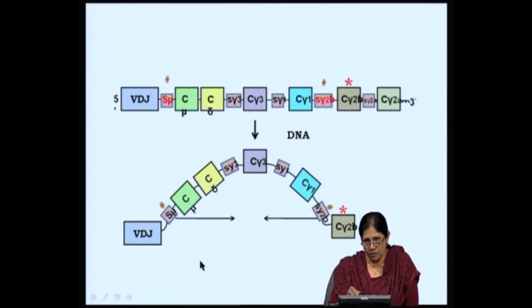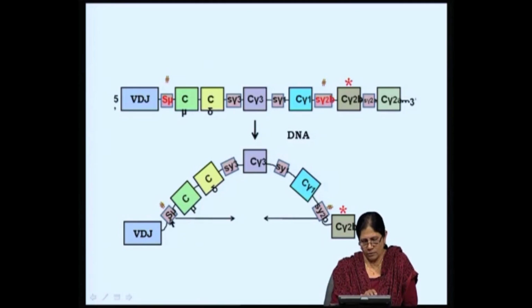What brings about this looping out we will deal with, but let us just look at the events that are taking place. VDJ, this should be 5 prime. The recombined VDJ is associated primarily with C mu and C delta, and now needs to undergo class switching to C gamma 2B.